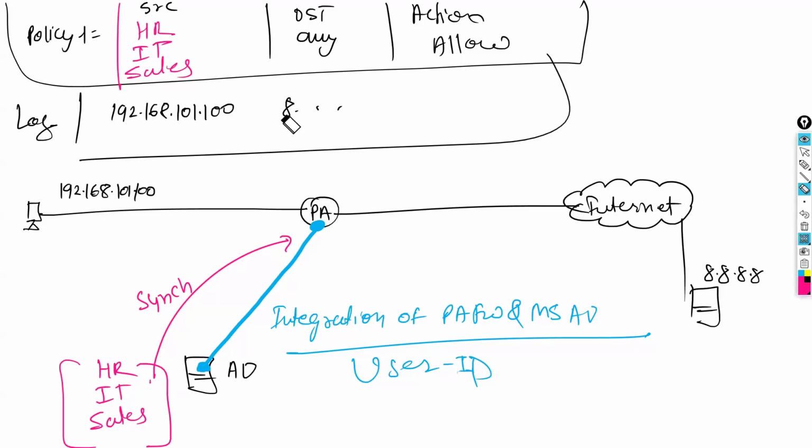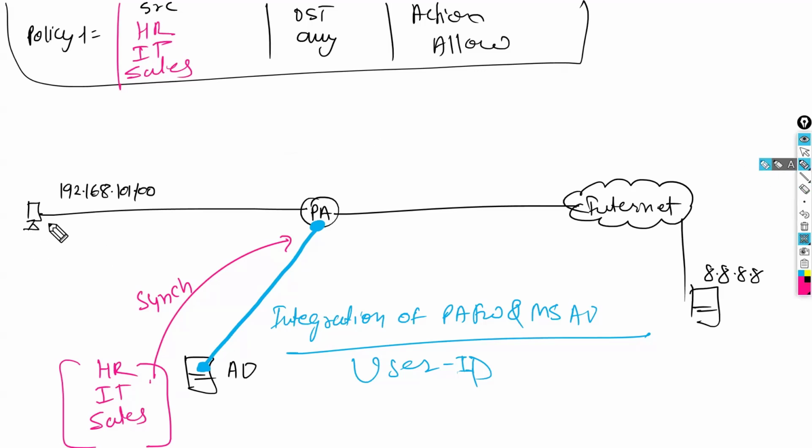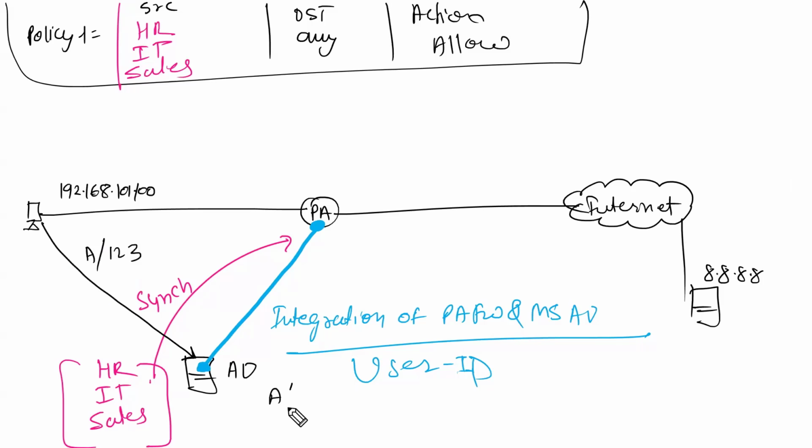Now, in this domain, this user will join. First of all, this user will join which one? AD. It will say, I am user A. Password is 123. AD will check, okay, user A, password is which one? 123.